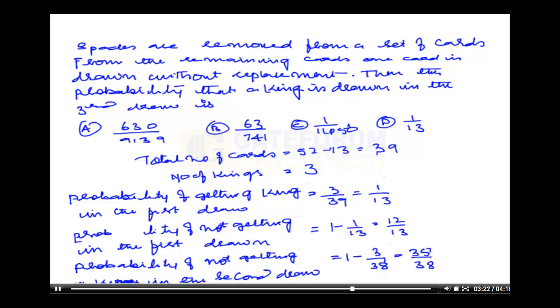So now I can write the required probability of getting a king in the third draw.